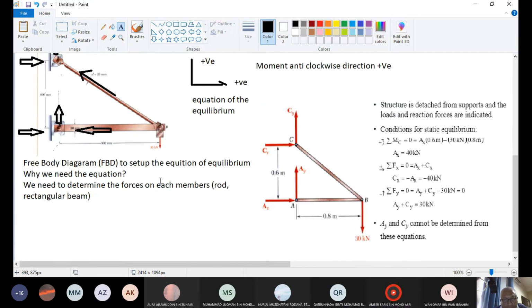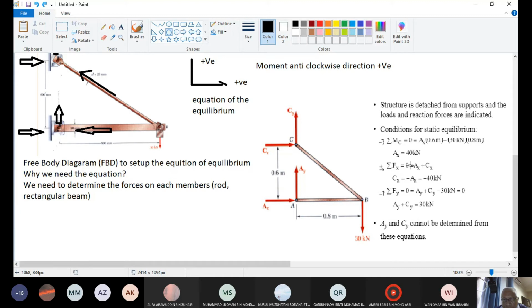Any question on that? So how do we set the equilibrium equation? You set it by putting all the forces to zero. Force in the x direction is set to 0.